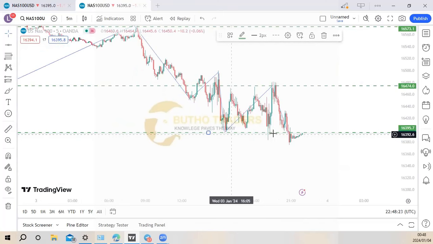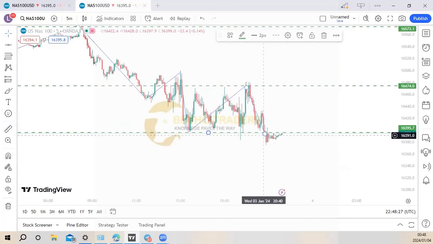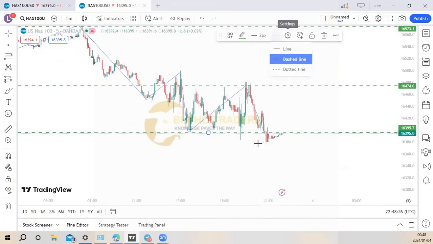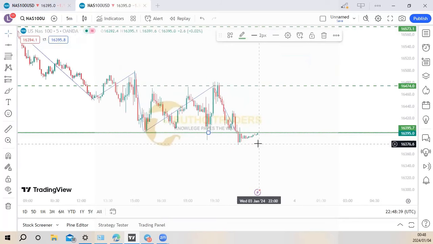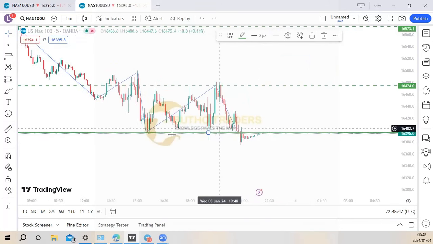Every time it breaks above this line, we have our buys. Let me just make it a straight line so that you guys see. Every time it fails to break this line, we'll have our buys, right? It's been failing to break this line a couple of times.